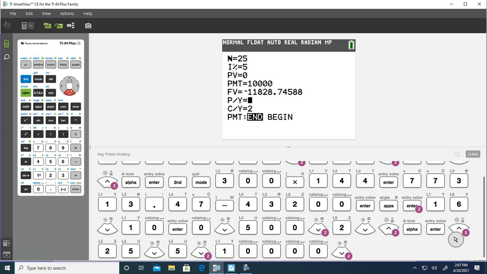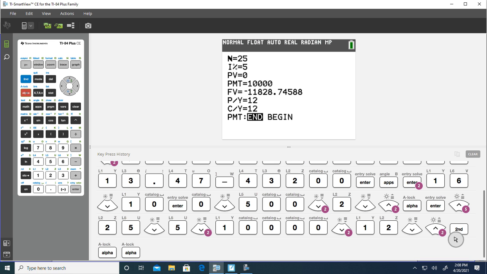Being compounded every month, I'd say I put a 12. So his future value when he was 25 years old, when he just got done with college, oops, messed something up. $263,000.